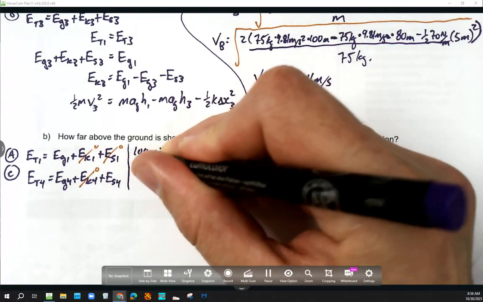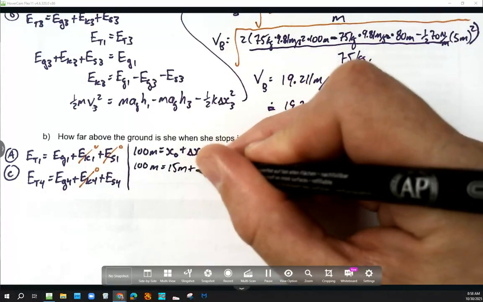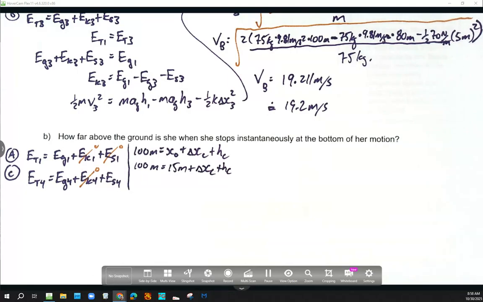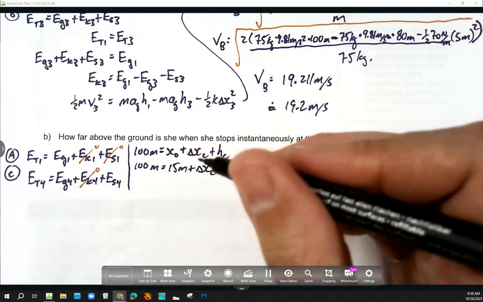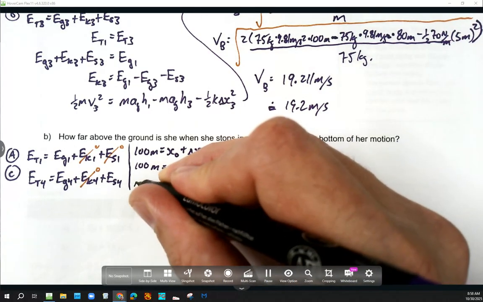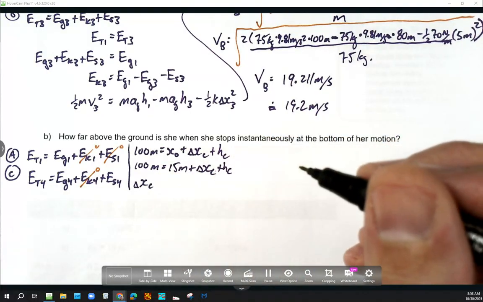So we say 100 meters equals x naught, which is 15 meters, plus delta XC plus HC. And as I do a little bit of isolating, that means that I can get all the numbers onto one side, and I could write delta XC in terms of HC. Now, I'll tell you why that would be useful later, okay?